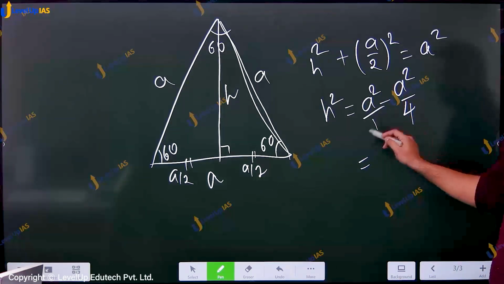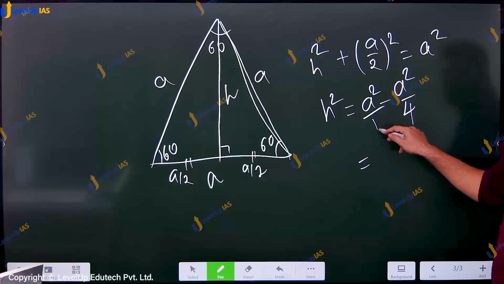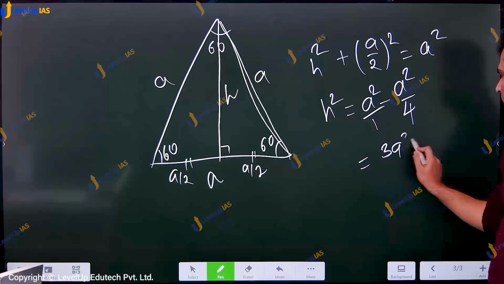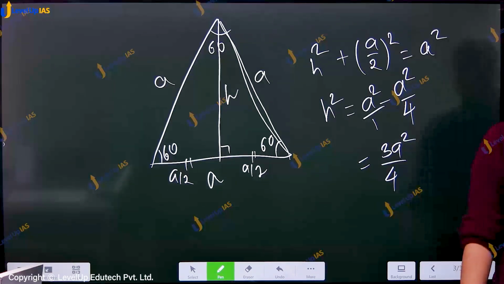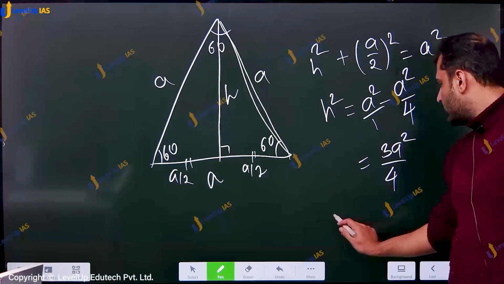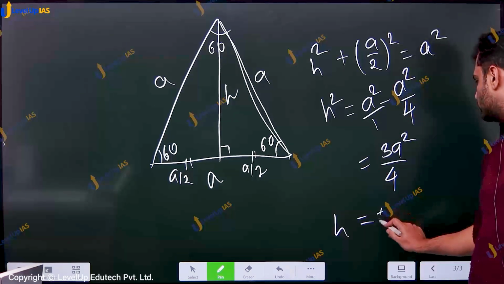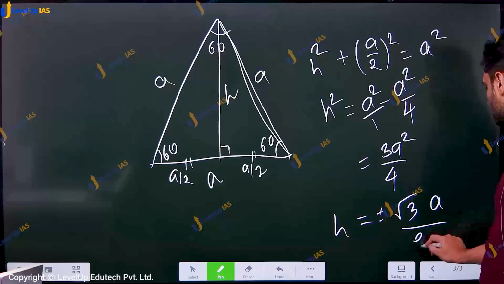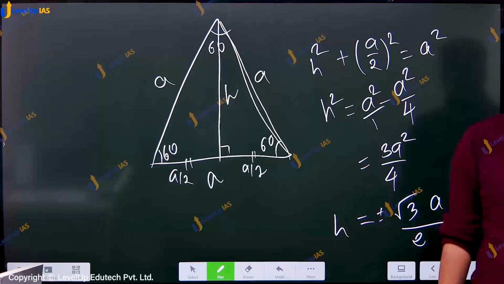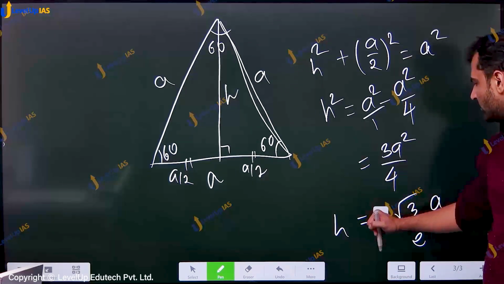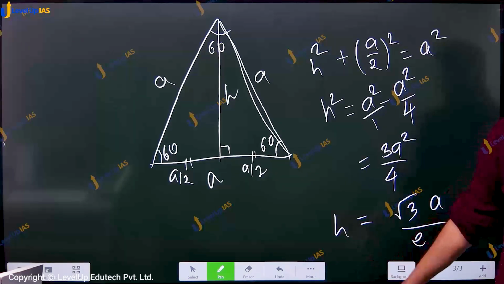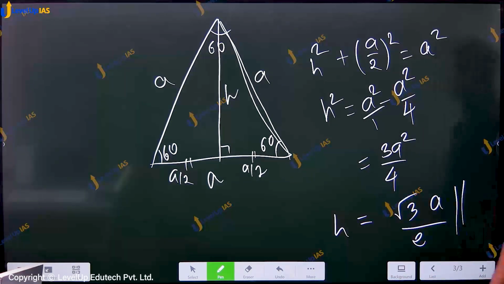You can make the denominators the same: multiply both sides by 4, so 4A square minus A square would be 3A square by 4. H would be plus minus root 3 A by 2. But this plus minus is irrelevant because length of the side is always positive, length cannot be negative. This is the height that we got.